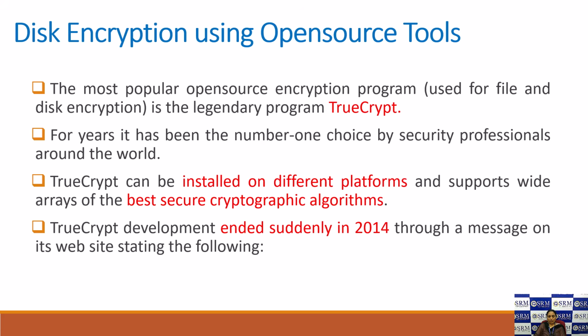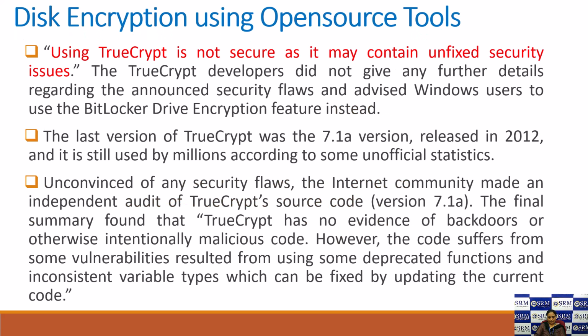But the problem is TrueCrypt development ended in the year 2014 through a message on the website stating that using TrueCrypt is not secure as it may contain unfixed security issues. So very slowly, TrueCrypt developers started moving to VeraCrypt, because some flaws were found in the TrueCrypt software.